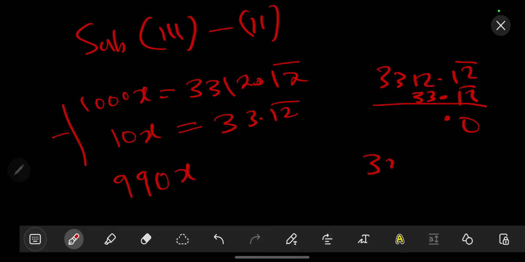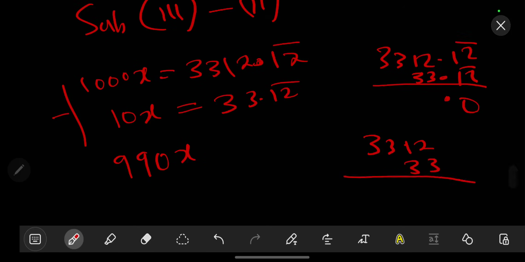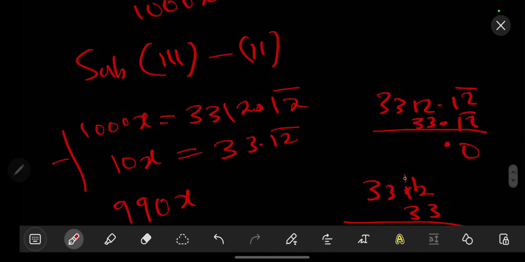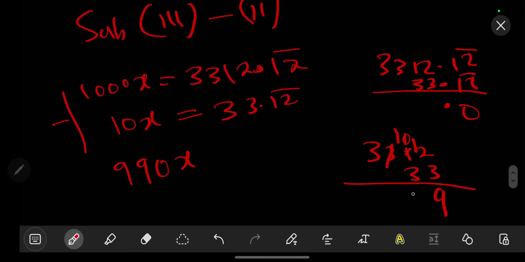Then 3312 minus 33: 12 minus 3 gives us a 9. Then we borrow 1, 10 minus 3 gives us a 7. Then we are remaining with a 2, so 2 minus 0 gives us a 2.